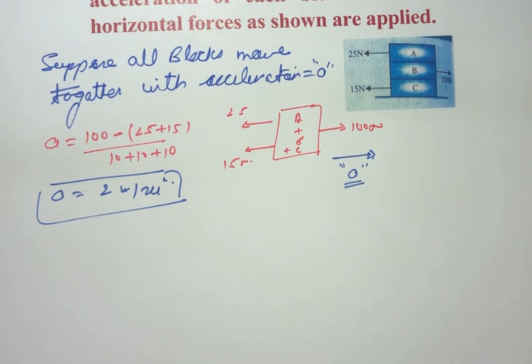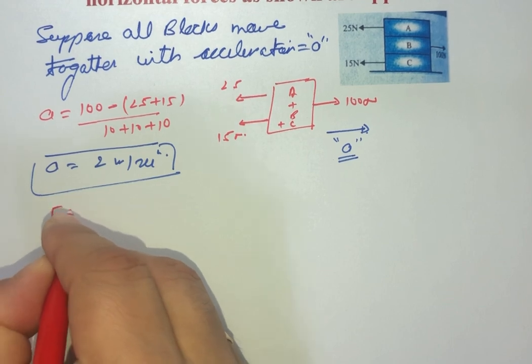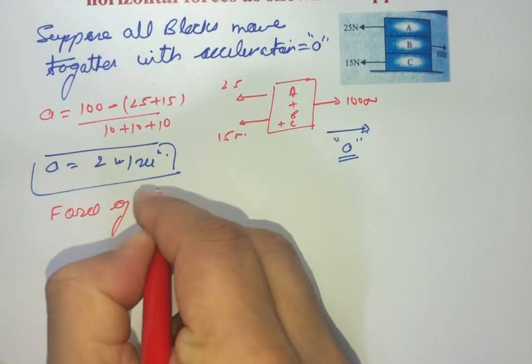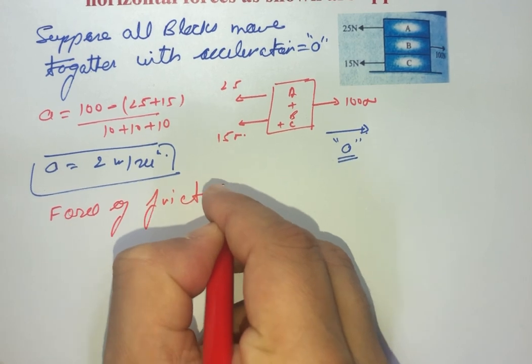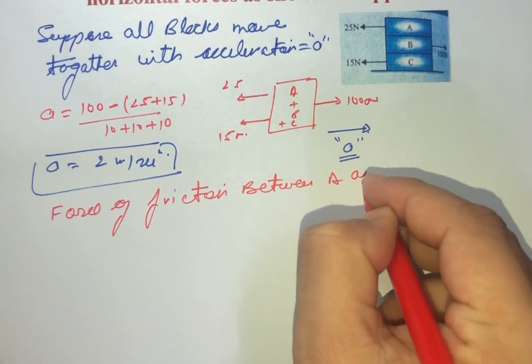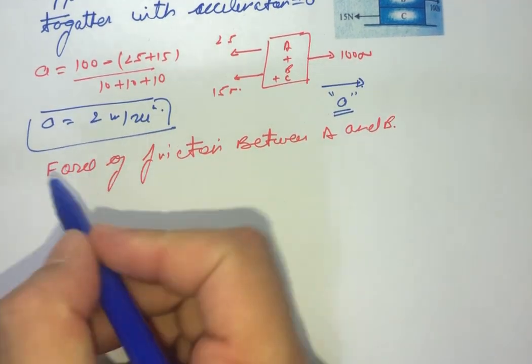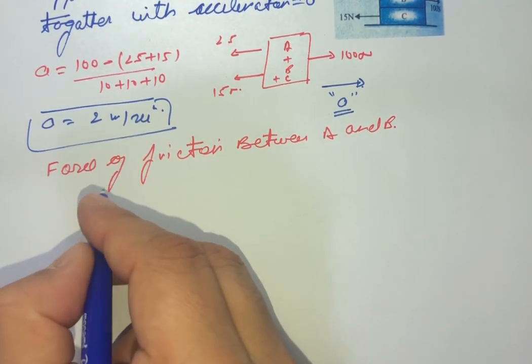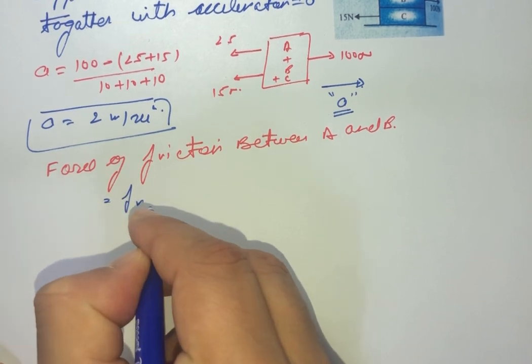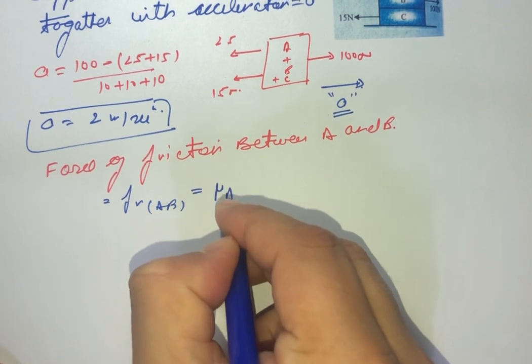Now we find out what will be the frictional force between A and B. We can simply write this as FRAB, which will be equal to mu A into NA.